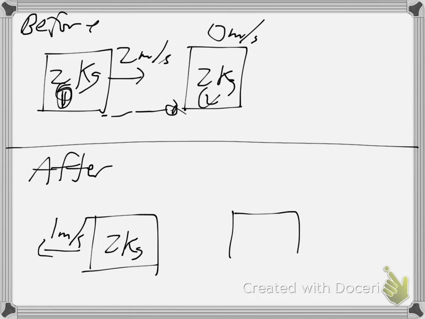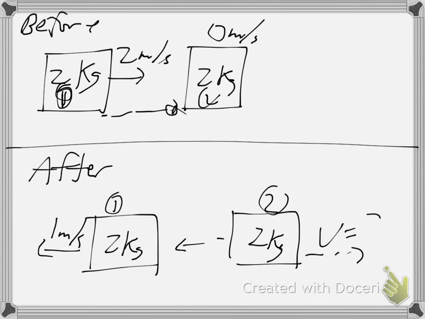And this other 2 kilogram box, our box 2, has some velocity in some direction. We don't know if it's moving this way or that way, but I want to know the velocity of this object. So, if we go back to our formula, m1v1 plus m2v2 equals m1v1f plus m2v2f.